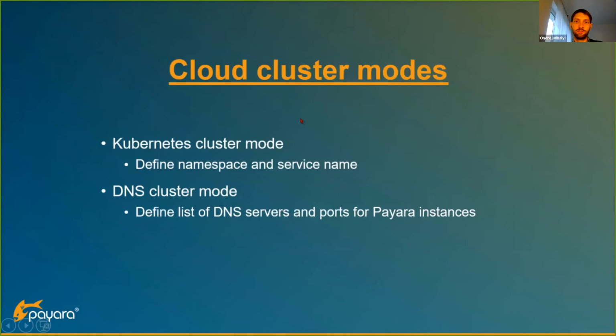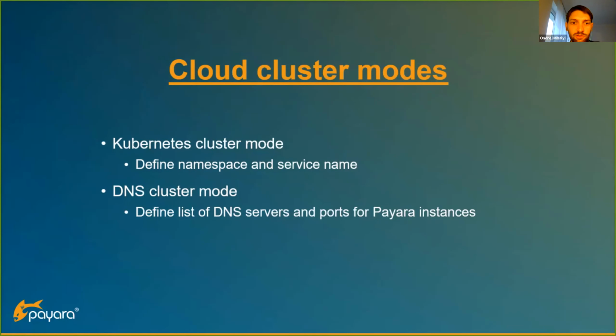Then coming to the new features, we added some more cluster modes, which make it easy to cluster Payara Server and Payara Micro instances in the cluster. One of those modes is Kubernetes cluster mode, which works in Kubernetes, and Kubernetes is widely used in many cloud environments. So this cluster mode enables the cluster to retrieve just enough information from the Kubernetes environment, from the Kubernetes API, to discover the other services.